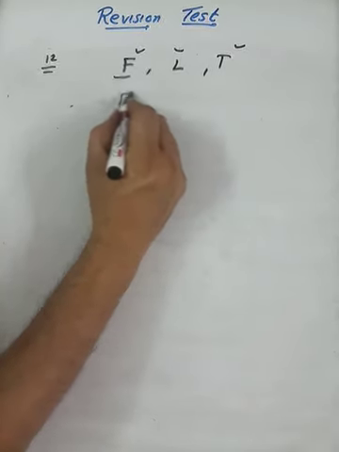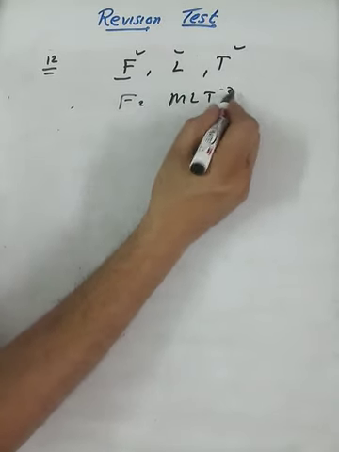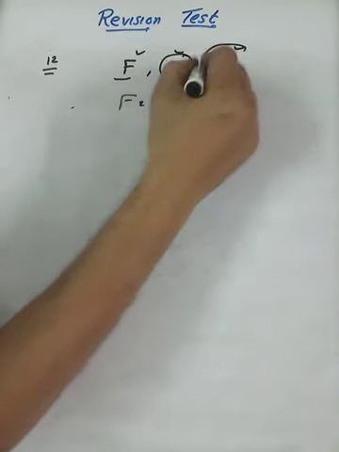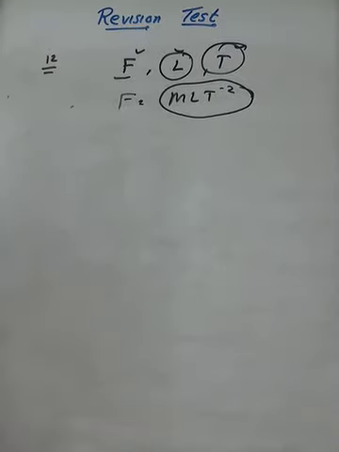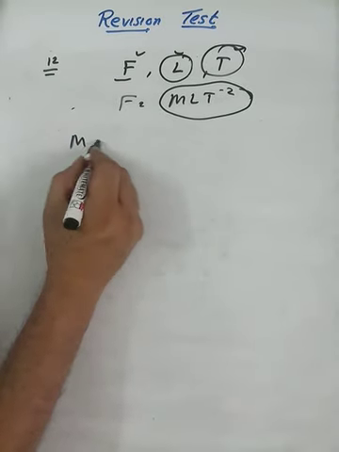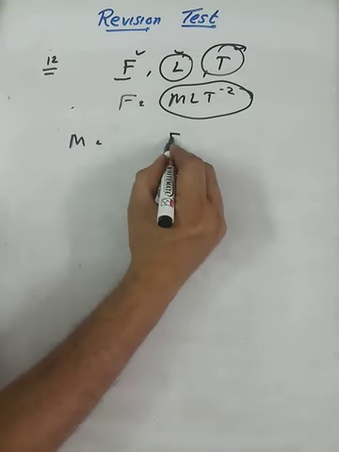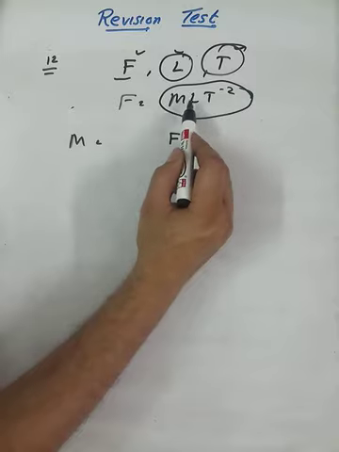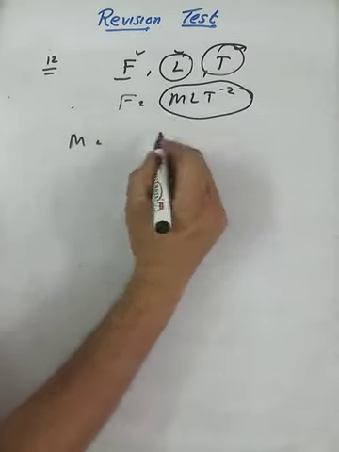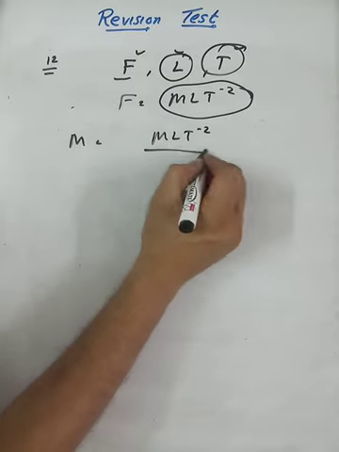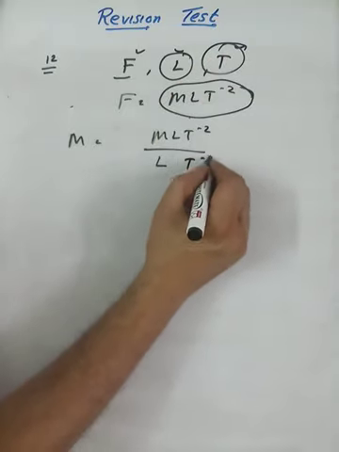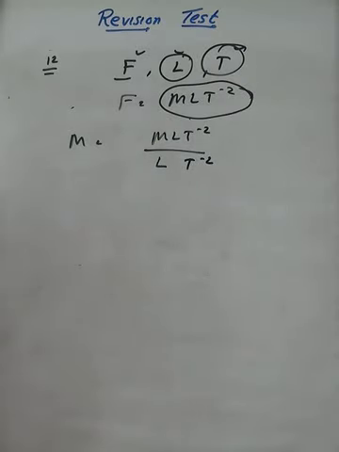Now the dimension of F is M L T^-2, and we have F, L and T. Using these three dimensions, what do we have to find? Mass. How can we calculate mass? Now this is F, which has dimension M L T^-2. If we divide this F by L and T^-2, then we get the dimension of mass.